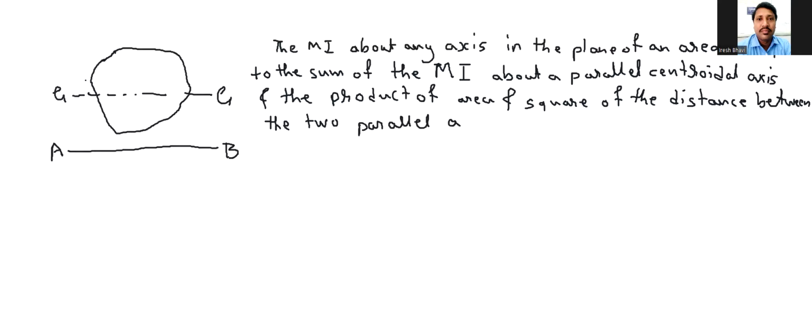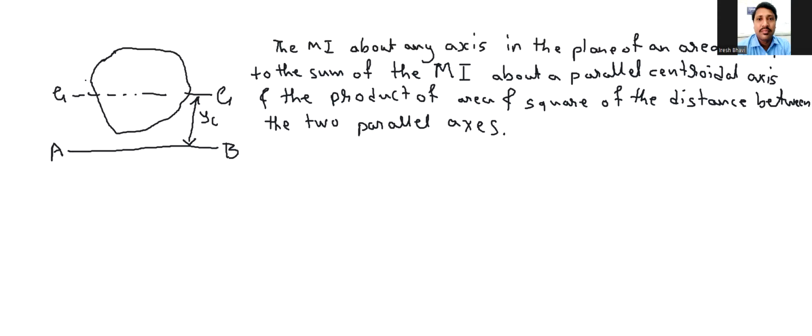Parallel axis theorem. For example, let us consider that YC is the distance between these two parallel axes, that is GG and AB.